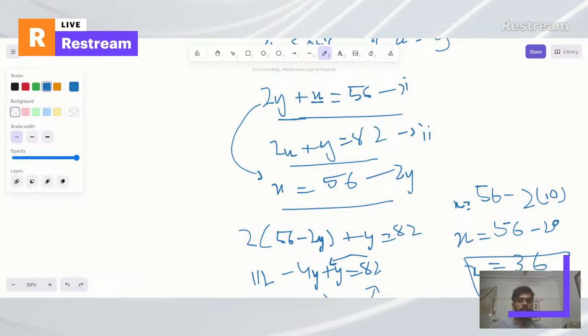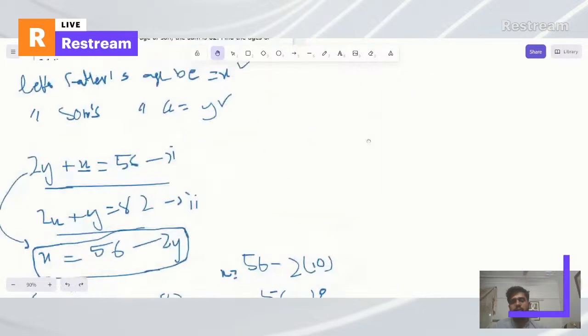If I take 2y over here, it's going to become 56 minus x, and then I have to divide by 2. So I was avoiding that. That is how I picked x as the subject. You can pick either one of them. In the long term, it's going to give you a fine answer. It doesn't really matter which one you pick first.